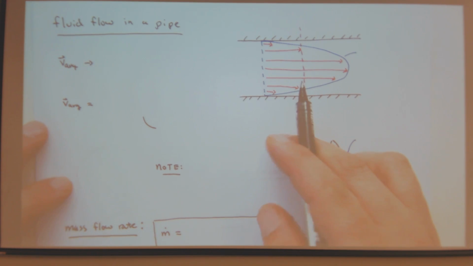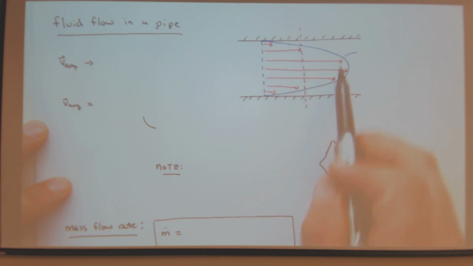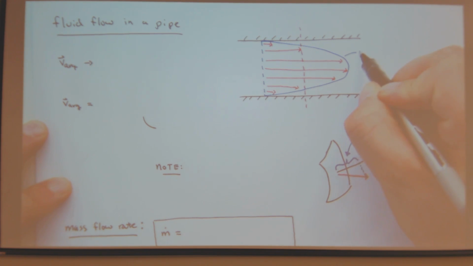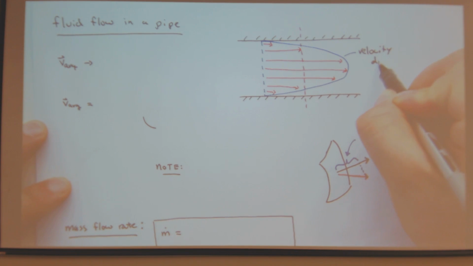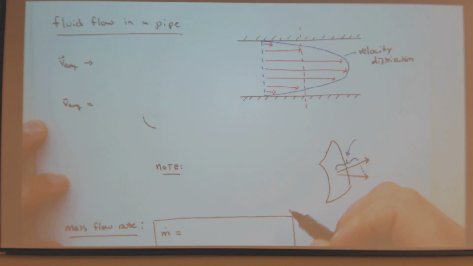And now I have some velocity distribution, and I can define an average velocity.